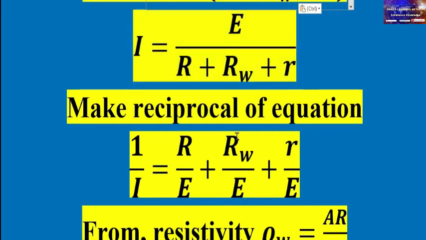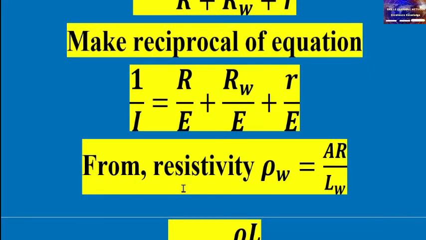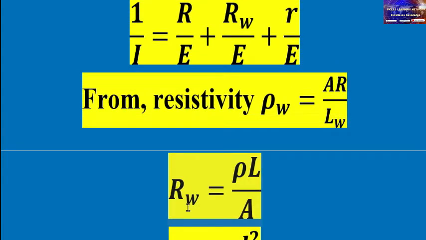Then, in order to get the length L or W from this equation, you have to apply the resistivity formula. Resistivity of wire is equal to area times resistance over length. So we are going to substitute.